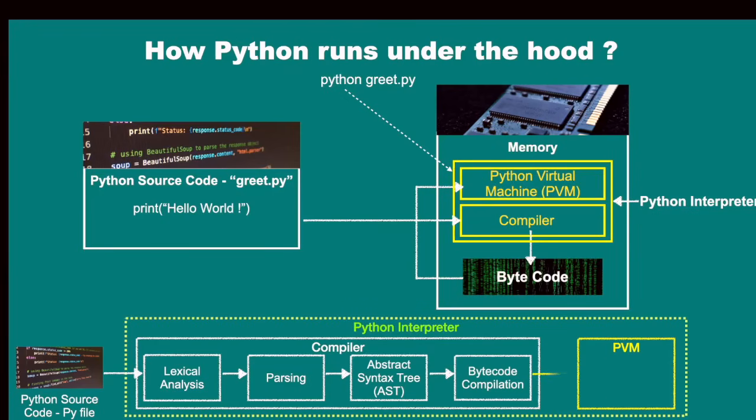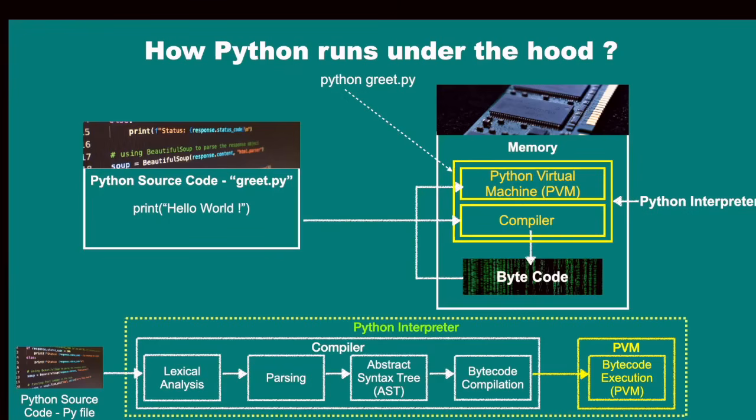Then the Python virtual machine executes the bytecode instructions. It includes a stack-based execution model where operations are performed on a stack of values. For instance, LOAD_CONST 10 pushes the value 10 onto the stack, and STORE_NAME x pops the value from the stack and assigns it to the variable x.